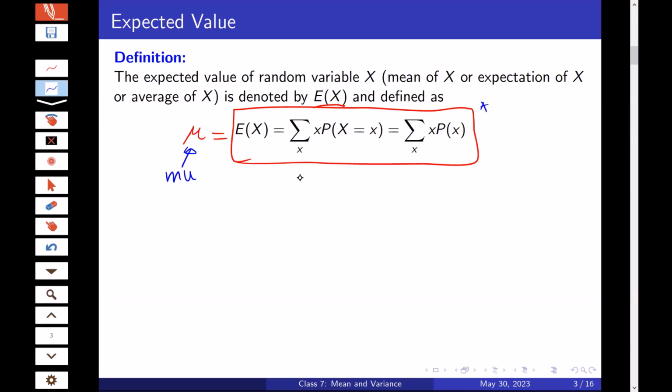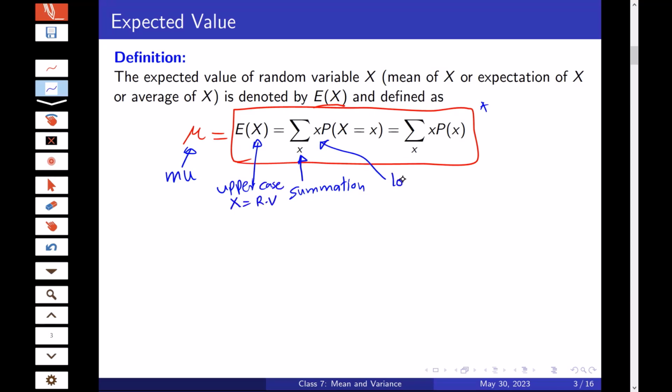I will explain what this notation means. It will be very important to understand, because we will use this several times in this class. This whole thing is called summation. Please note, this is the lowercase x and this is the uppercase X. Uppercase X means a random variable.